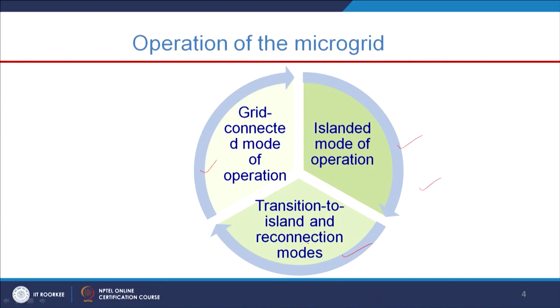Also we have transition to island and reconnection modes. If the microgrid is islanded from the main grid, this island can again be connected to the main grid system. That is basically known as the restoration process of the smart grid or microgrid system.